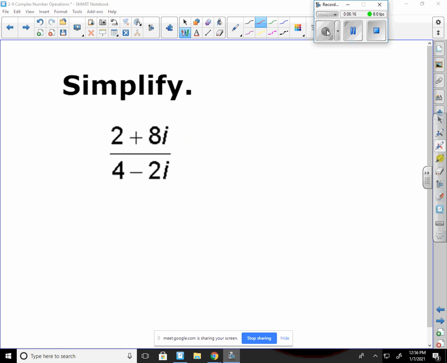Any questions? Okay, this one gets a little more complex just because we have a number in front of the negative 2i, but it really acts the same way. So our complex conjugate for this is 4 plus 2i. The only thing you have to do is change the sign in front of the 2i.